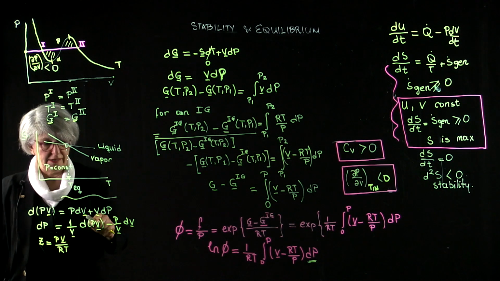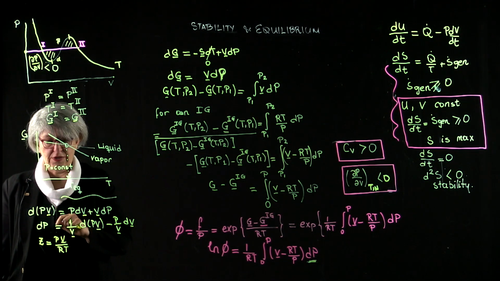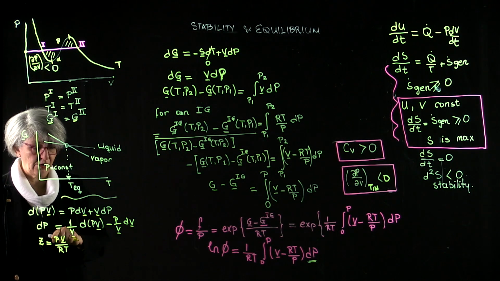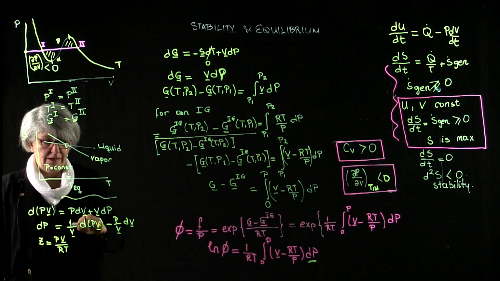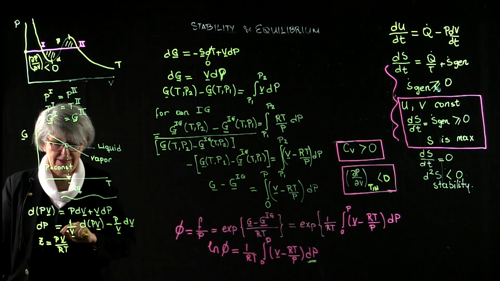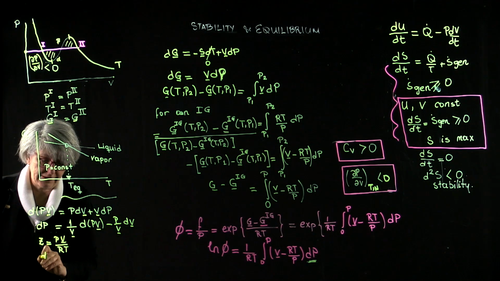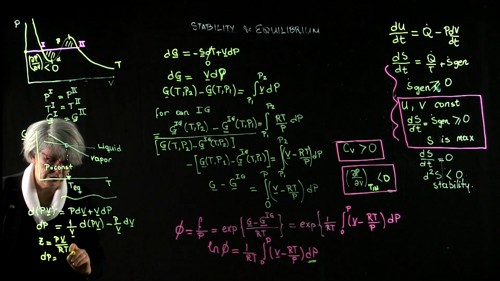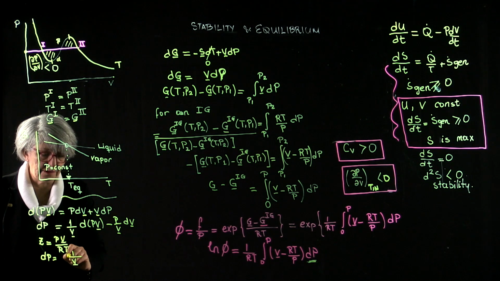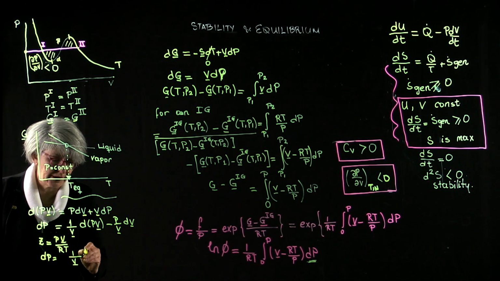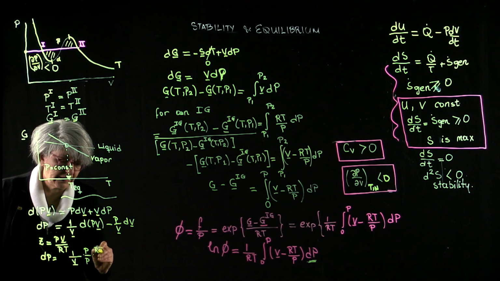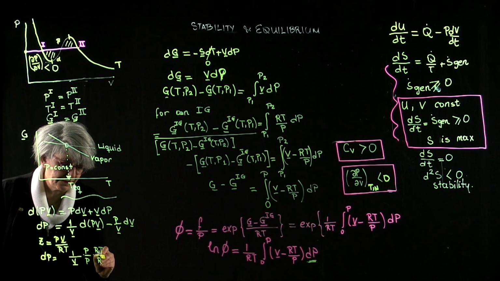So I can just introduce an RT multiplier between numerator and the denominator in order to have a Z integrand. We have dP is equal to 1 over V. I can multiply this by P, divide it by P. I can multiply this by RT, divide it by RT.